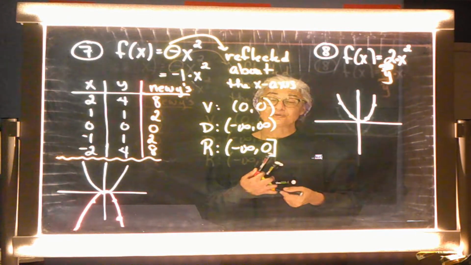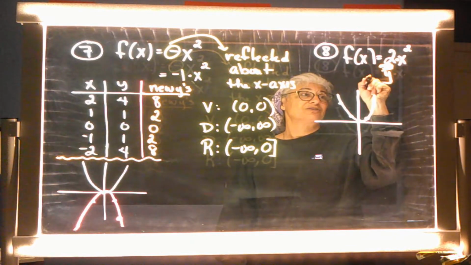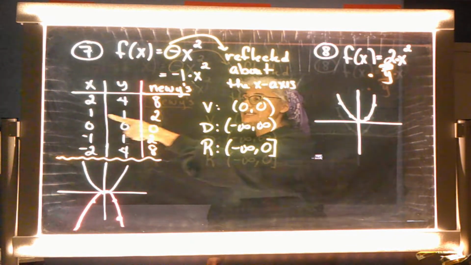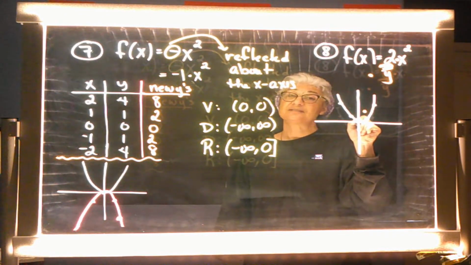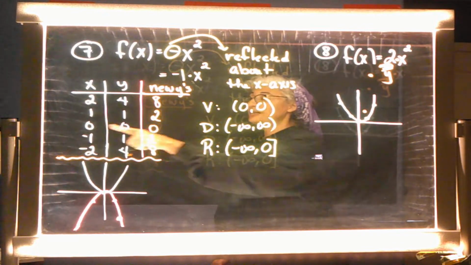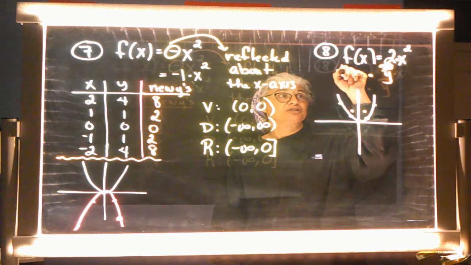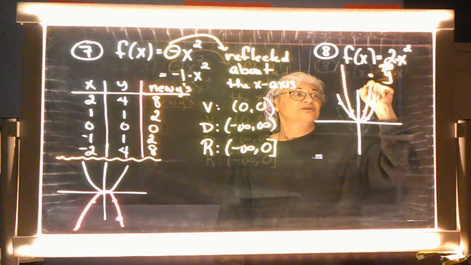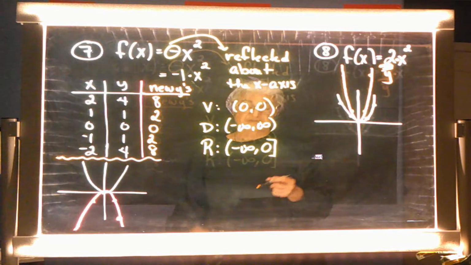But now I have 2, 8. So instead of here, I'm way up here. Instead of 1, 1, I'm at 1, 2. I'm still at 0, 0. But now I'm at negative 1, 2, and negative 2. So my new graph for number 8 here looks like this one in orange.